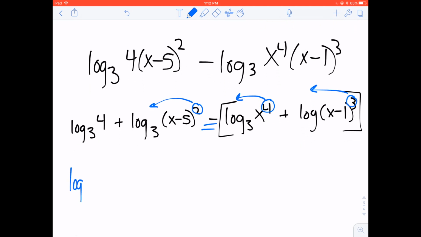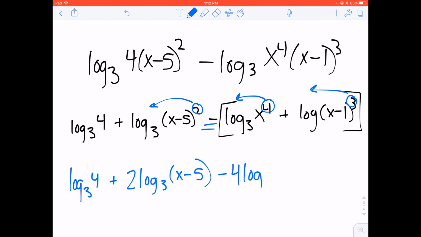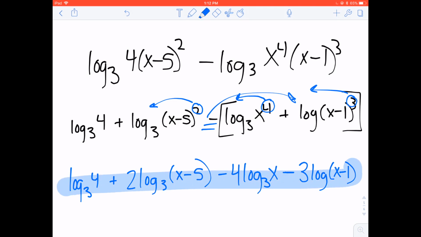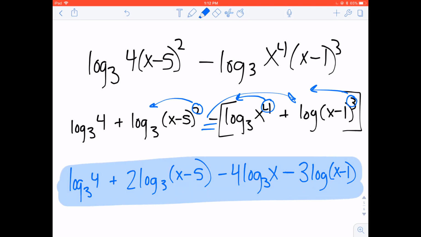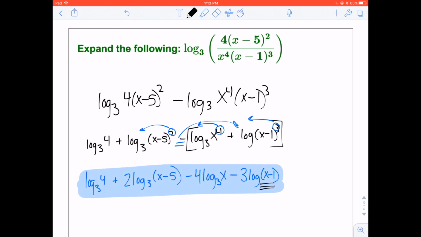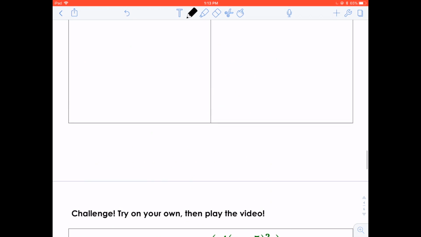So I end up with log 3 of 4 plus 2 log 3 of x minus 5 minus 4 log 3 of x, and then by distributing that minus sign, I get minus 3 log of x minus 1. That would be my entire answer. Remember, I cannot expand this subtraction because only division becomes subtraction. Subtraction does not change into division. All right, that was a really hard one, so if you didn't get it, don't feel too bad. Just focus on these earlier ones.